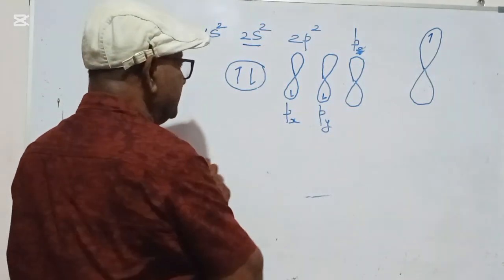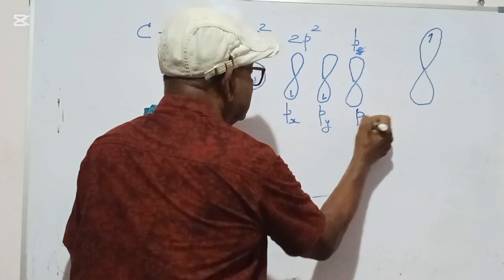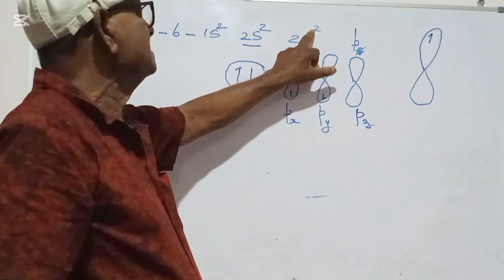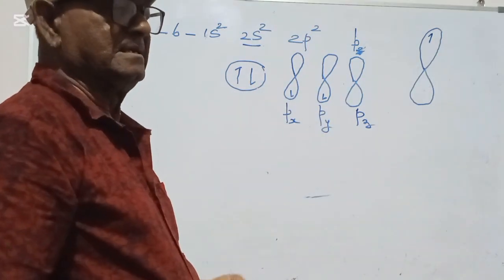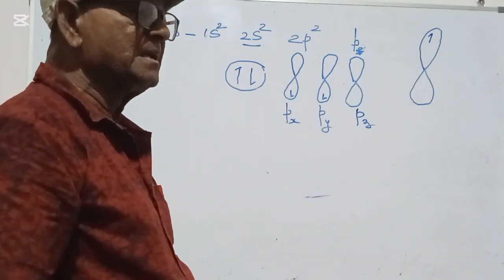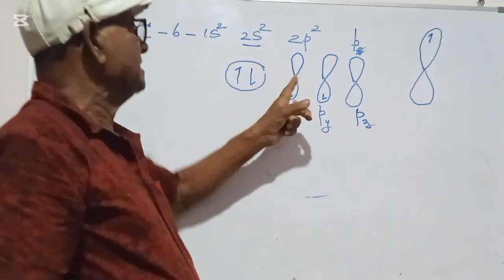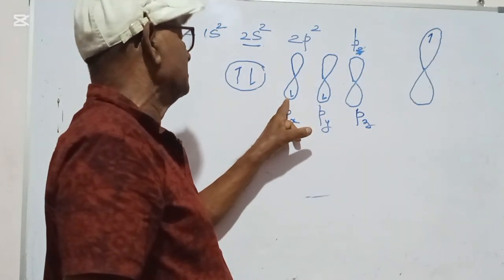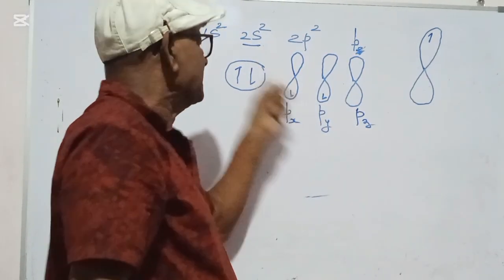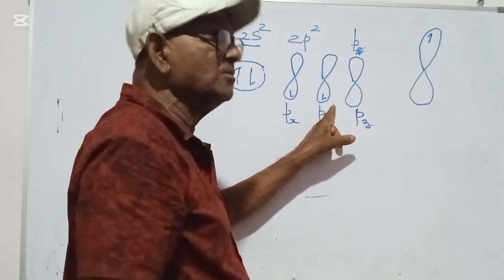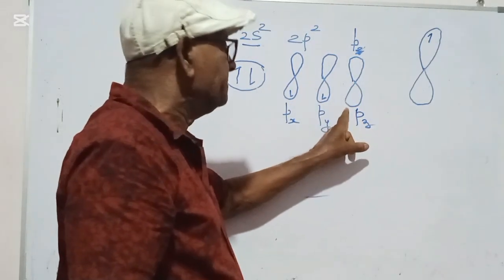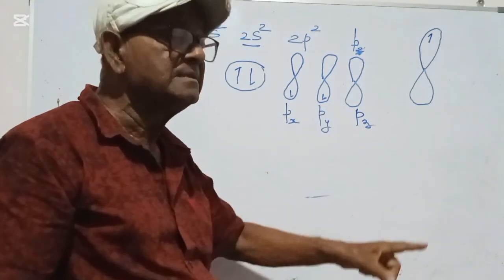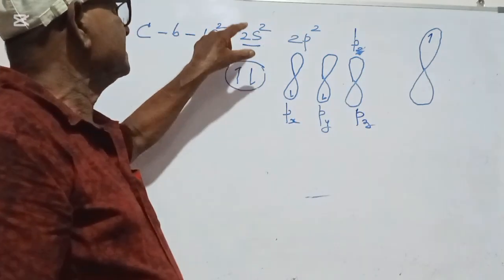If I draw these three p orbitals like px, py and pz, then two electrons are there all together at the p sub-energy level. You know the filling order: one electron fills the first orbital, the other electron fills the other orbital. So there's an empty p orbital. This is the orbital diagram of carbon considering the second energy level.